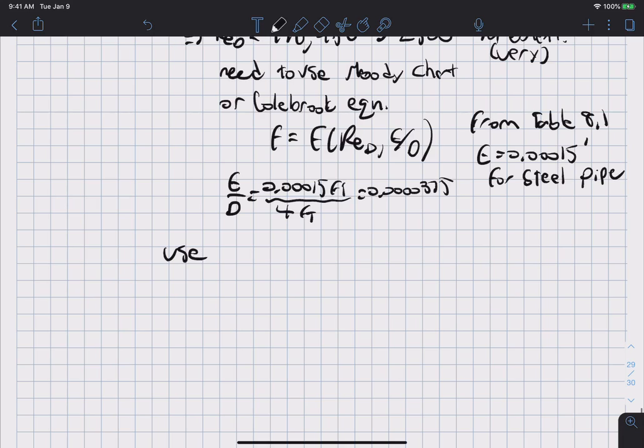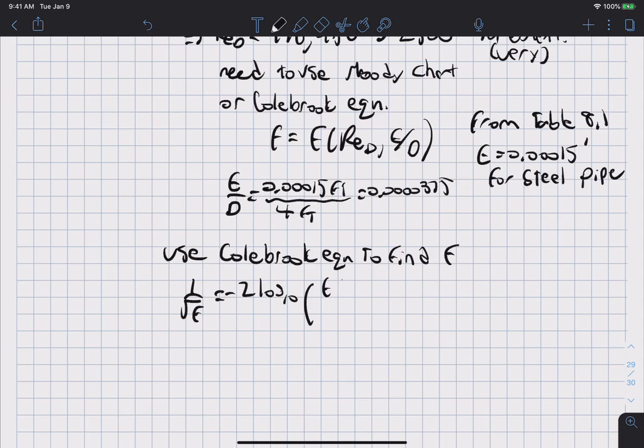So use Colebrook to find f. And the Colebrook equation is 1 over square root of f equals minus 2 log base 10 of the relative roughness divided by 3.7 plus 2.51 over Re_D square root of f.